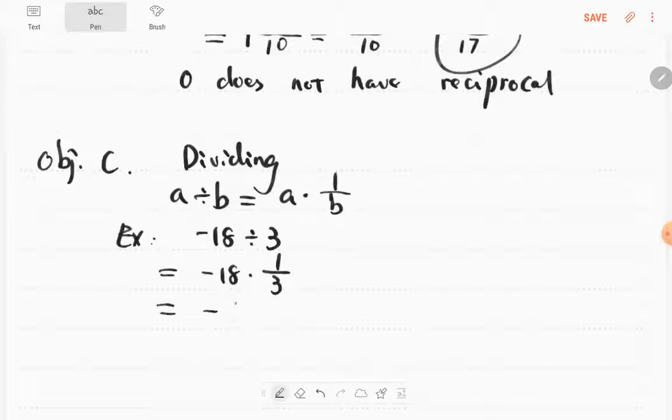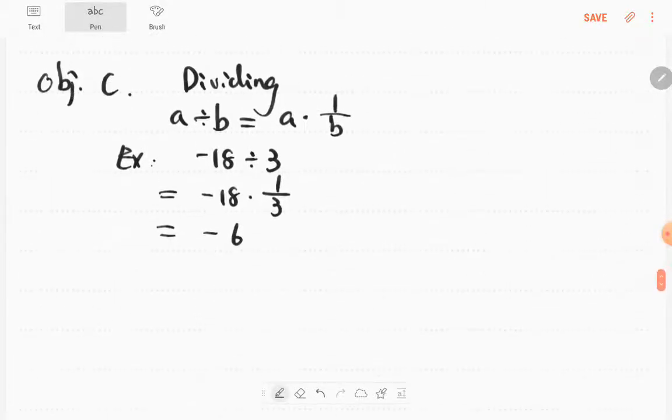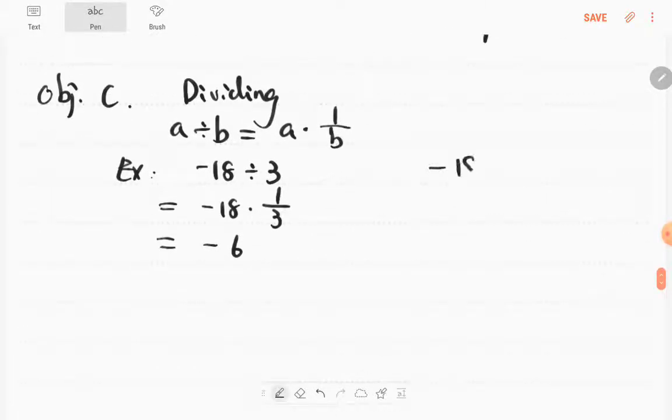It's negative 6. Or we can directly treat it as the fraction mode. We can use the fraction bar as the division sign. So it will be negative 18 divided by 3.